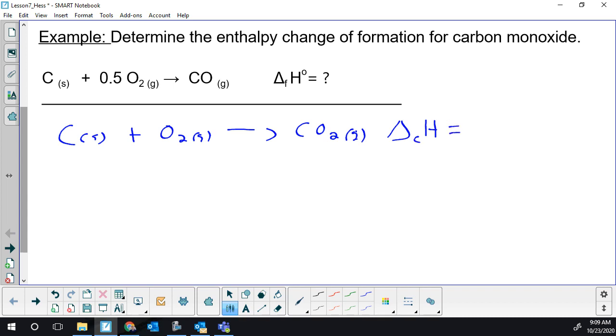Not molar, this is just the value for 1, 1, and 1, and that is negative 393.5 kilojoules. That gets us our reactants, but we got the wrong product. We need another reaction that's going to get rid of this product.